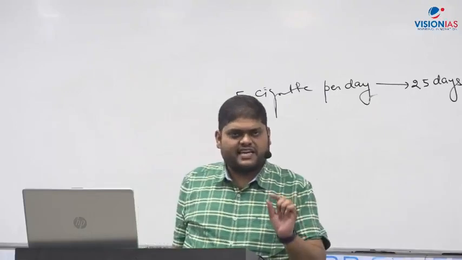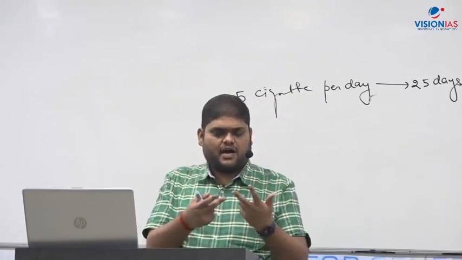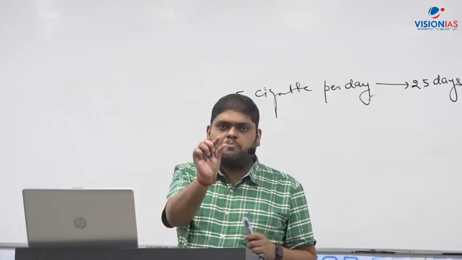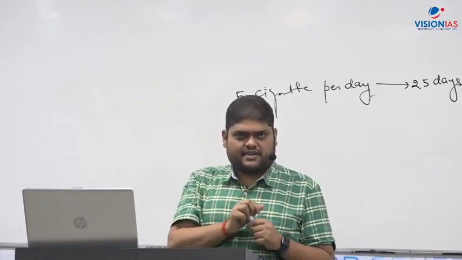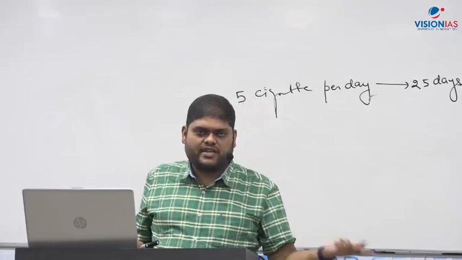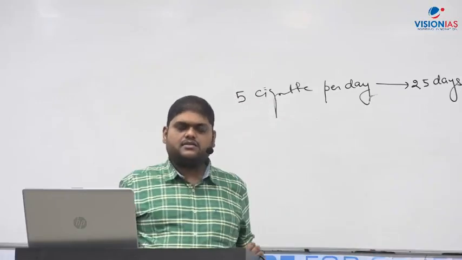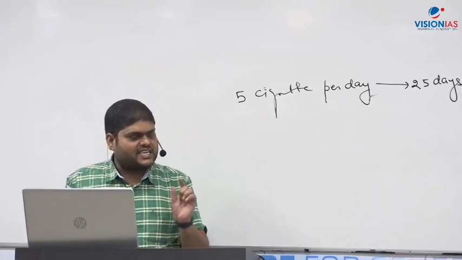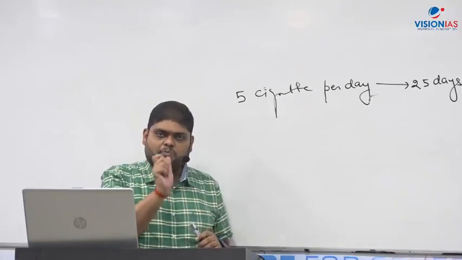In every cigarette, because you cannot smoke the whole cigarette, you have to leave some part of the cigarette in the last. You won't smoke until your hand burns. You have to leave some part.